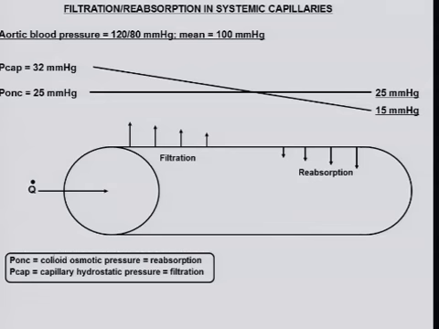Now, we've already talked about two different things that can affect that distance or that space and affect gas diffusion. One of those was fluid. So if we have edema, and we're going to talk more specifically about how we get pulmonary edema, but edema is the accumulation of fluid within that space.